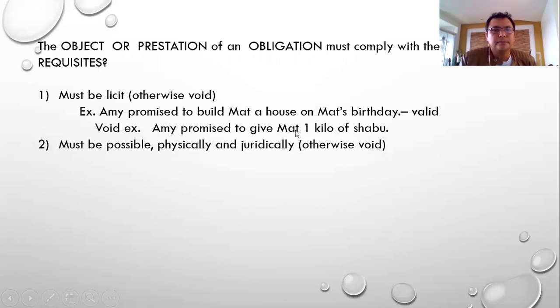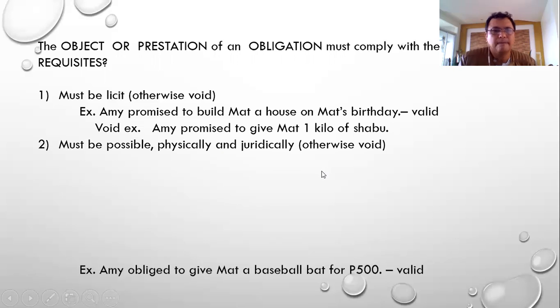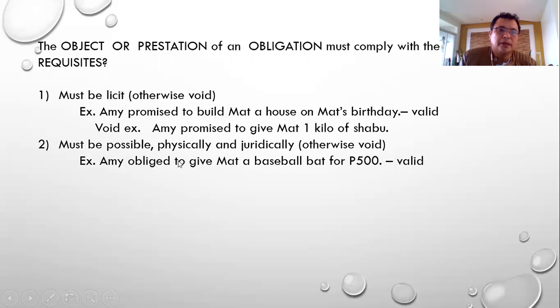Second, it must be possible physically and juridically. Otherwise, it is void. So example, Ami is obliged to give Matt a baseball bat for 500 pesos. So this is valid. So Ami will give Matt a baseball bat and Matt will give 500 pesos.